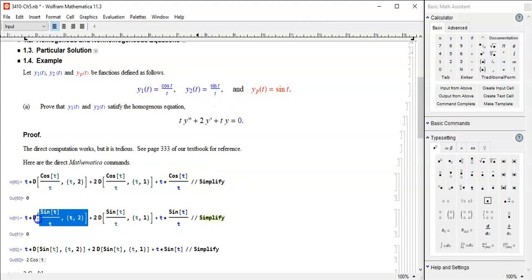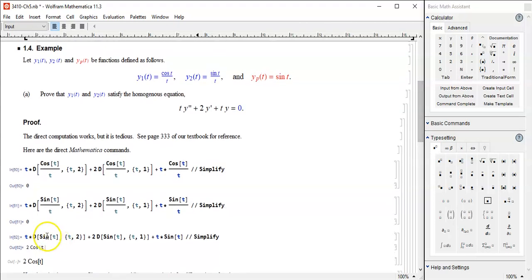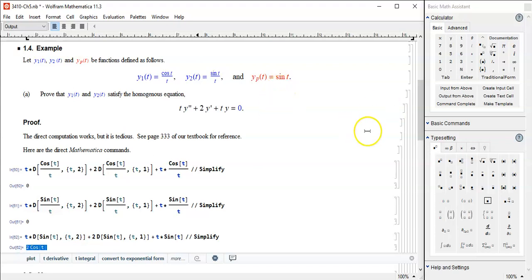The same thing: t times the second derivative, 2 times the derivative, and t times the original. Simplify that, we get 0. And finally, for sine of t, t times the second derivative, 2 times the first derivative, t times the original, and simplify that, we get 2 cosine of t.